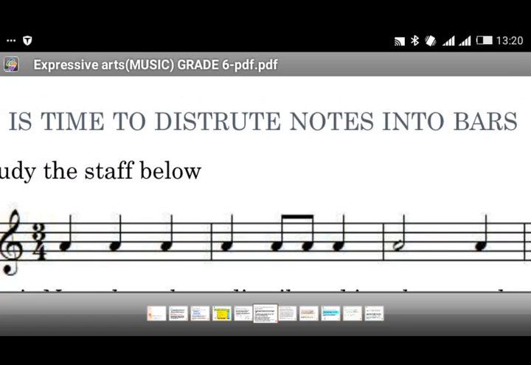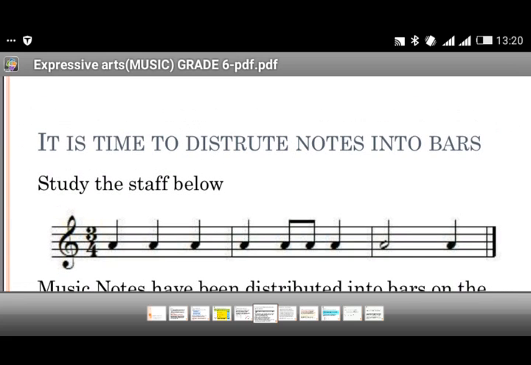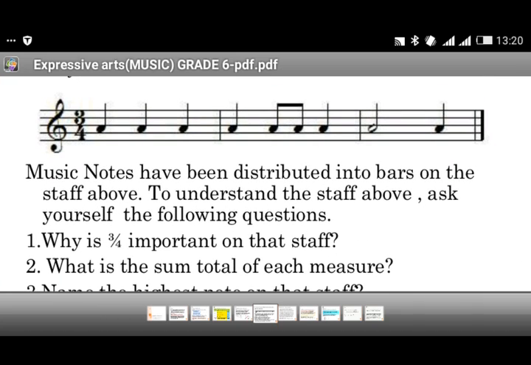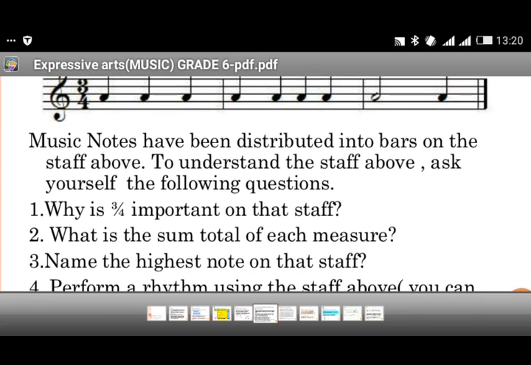You can count 1, 2, 3 measures, this space, another space, another space. So in each measure you should have a number of beats. The time signature here is 3/4. To understand how we can distribute, we should ask ourselves these questions. Then we'll be able to understand.